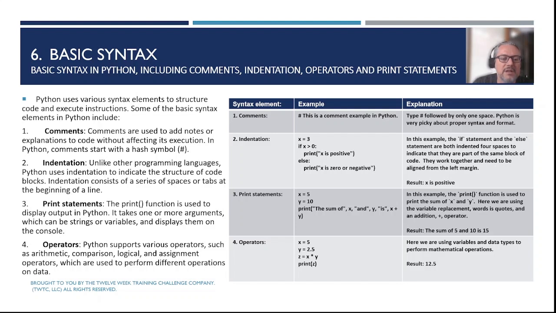Python supports various operators such as arithmetic, comparison, logical, and assignment operators, which are used to perform different operations on data. Here we're using the multiplication operator in example 4 in the table, and we're saying print z, which is x times y, and the result is 12.5.